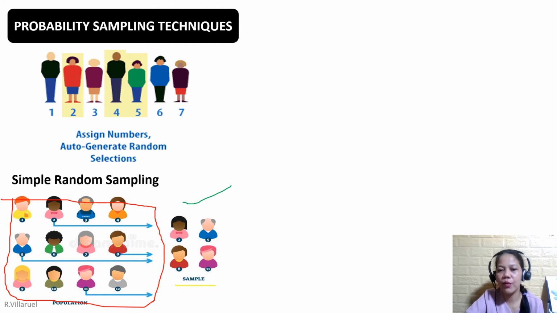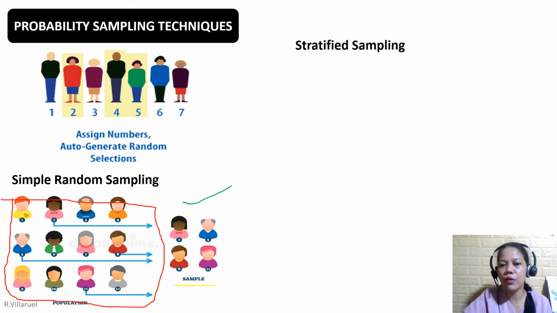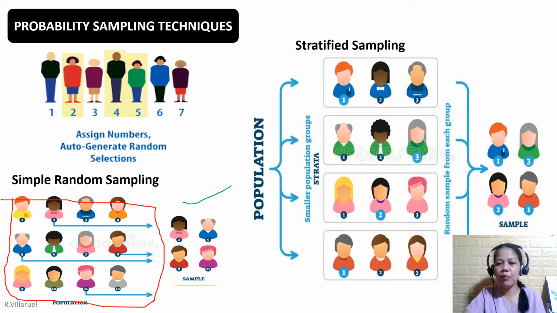So, next, we have stratified sampling. So, ano naman yung difference ng stratified sampling? The target population is first divided into subgroups or strata according to predefined characteristics. So, dito sa example, you have now the target population. So, as you can see, there are 4 groups or 4 subgroups or 4 strata.